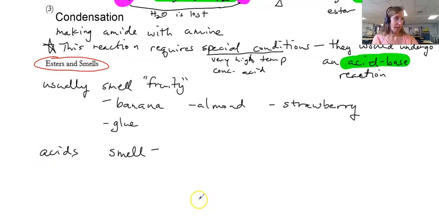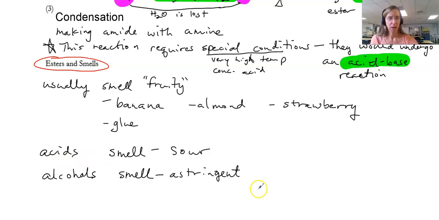So we said how acids taste. They also smell sour. Think of vinegar or even think of oranges. When you smell an orange, it's kind of a sour smell, similar to the flavor. Many of you will know the smell of alcohol, especially after 2020. We've been sterilizing our hands a lot with alcohol.